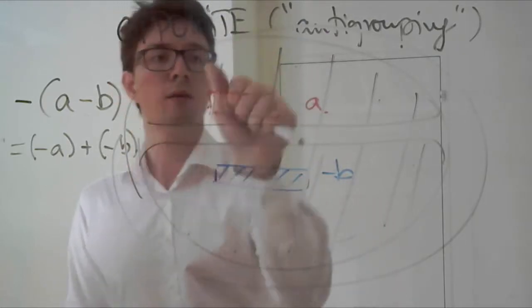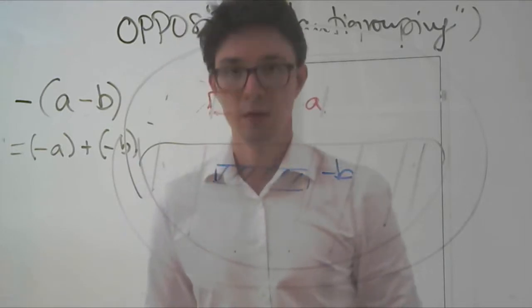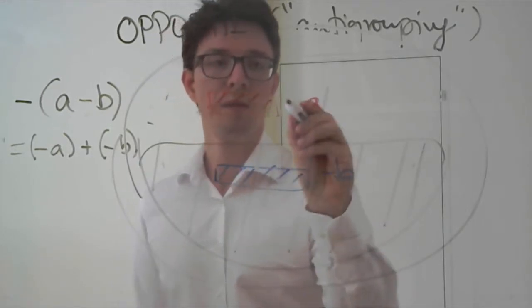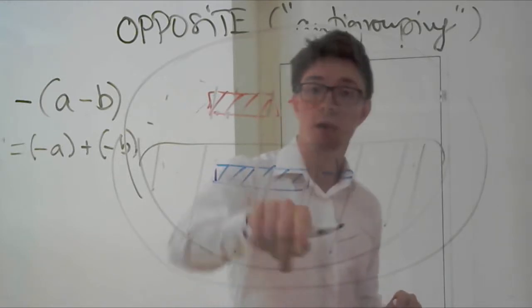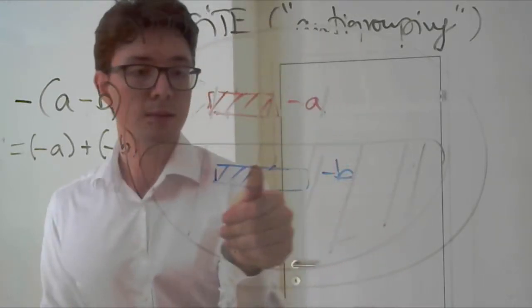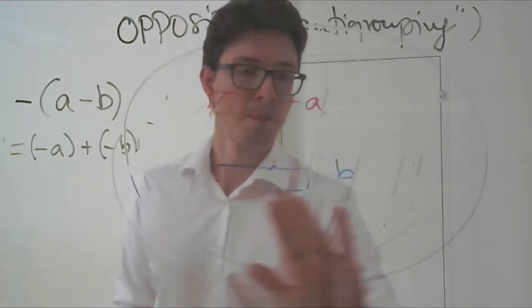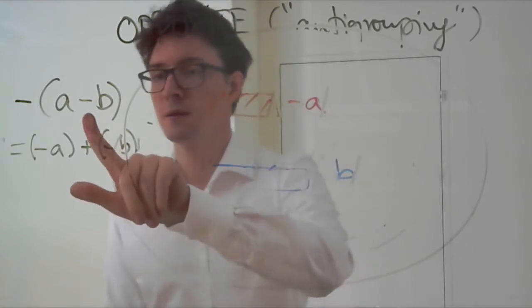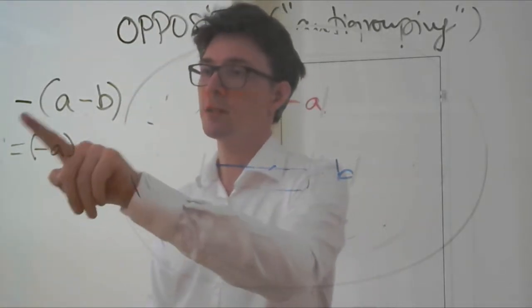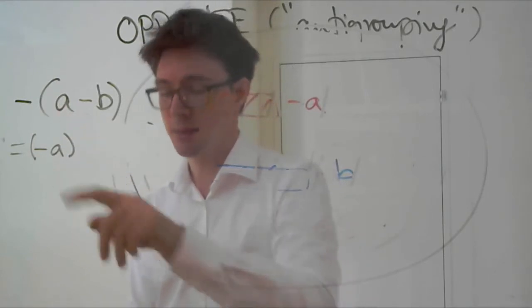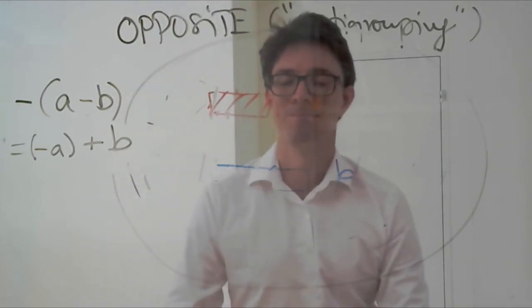Again, up here we get the opposite of a, and down here, look, we get the opposite of b, that is just b itself. So the way we do this algebraically is the opposite of a minus b is minus a plus b. Beautiful.